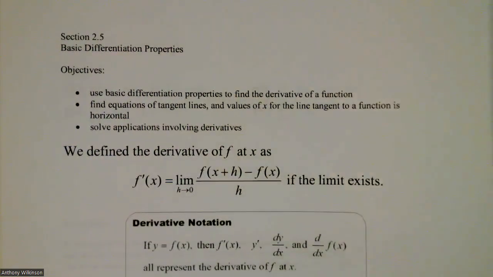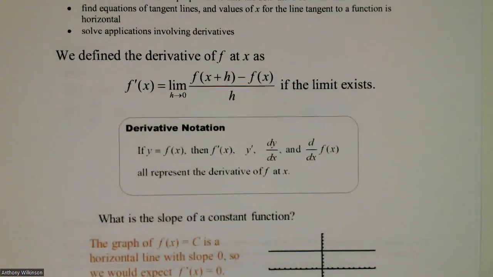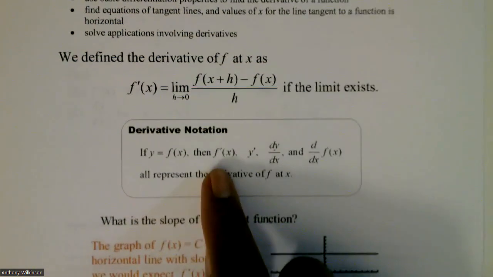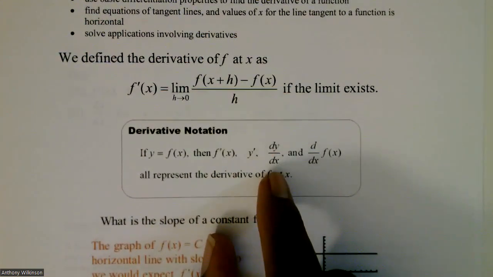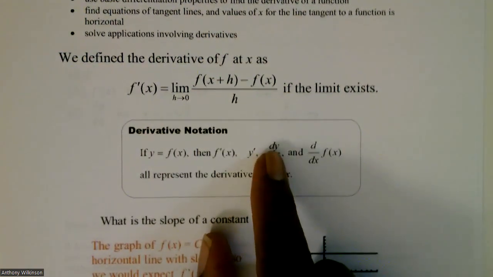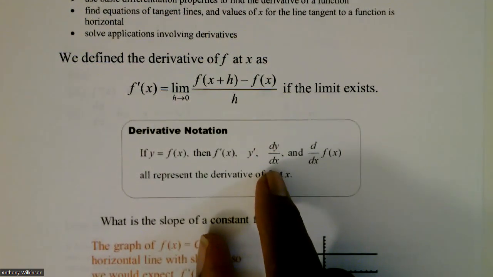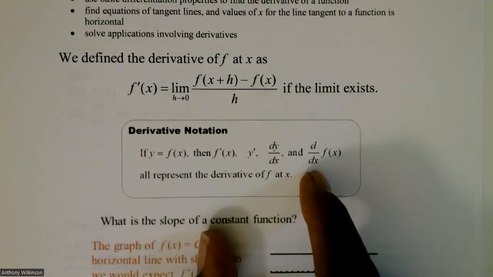There are other notations for the derivatives, so here they are. If you have y equal f of x, then f prime of x, which is also y prime, or this notation dy dx, that's the derivative of y with respect to x, and the derivative of the function f of x with respect to x.